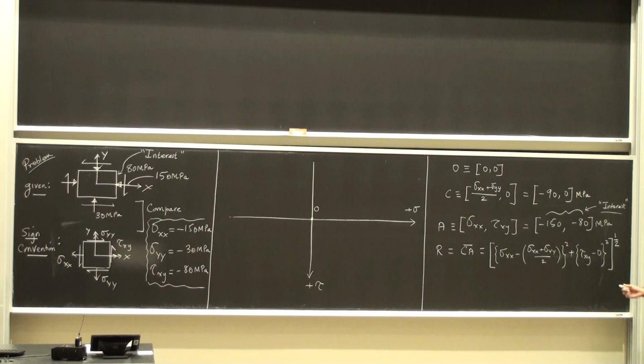Sometimes the book will simplify this and say that sigma xx minus this quantity here is sigma xx minus sigma yy divided by 2. But these are just numbers that we're dealing with, so this is sufficient for us.